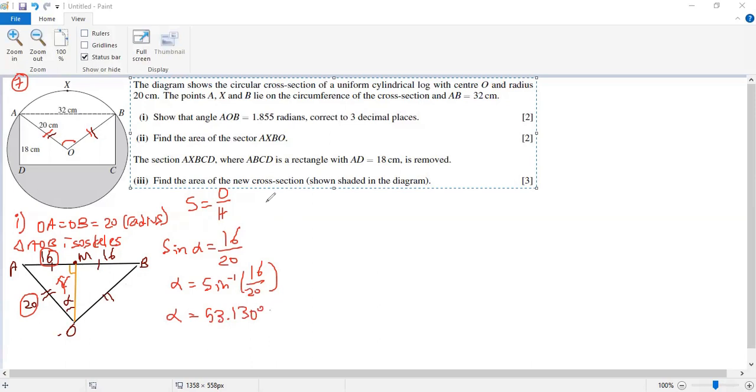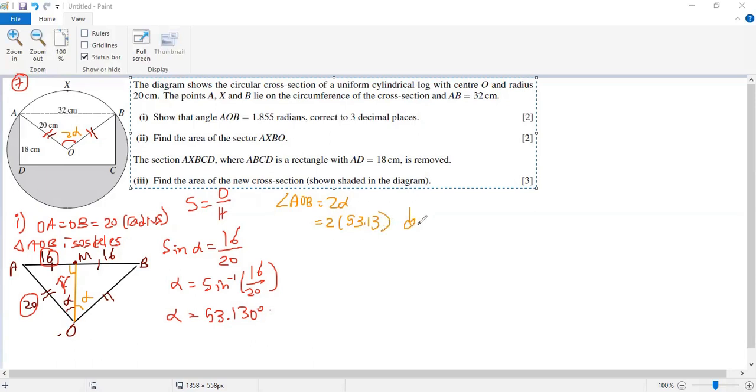So alpha is now in degrees, and what we want to calculate is the angle AOB. Looking at the symmetry in the picture, angle AOB will be 2 alpha, which is 2 times 53.13 in degrees.